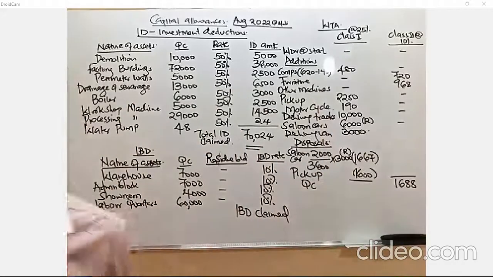Then the first one will be how much? The first one will be 480 plus 2250 plus 190 plus 10,000 plus 9,000 there, minus 1,667 minus 1,600.